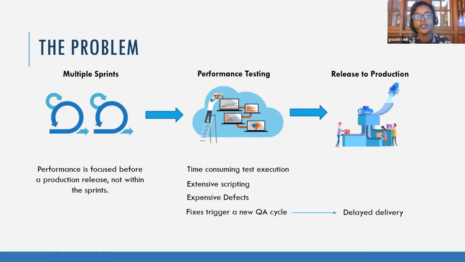So because of the issues that we discussed above, performance test is actually carried out most of the time only before a production release. So performance test is carried out as a centralized service rather than a continuous testing experience. Simply, there is a performance test team in the company which will execute the test on projects when required.